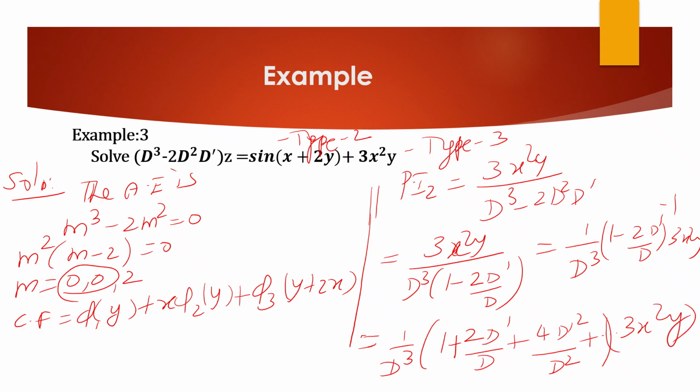Now operating 3x square y on each term of this series expansion, we get 1 by D cube of 3x square y plus 2 by D of D dash of the term. D dash means dou by dou y of this function of x and y, which gives 3x square.